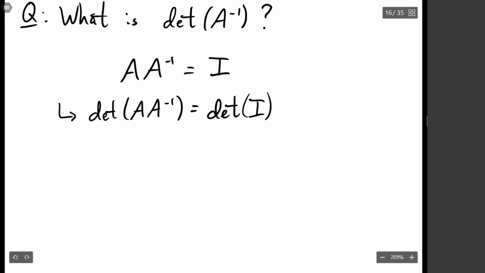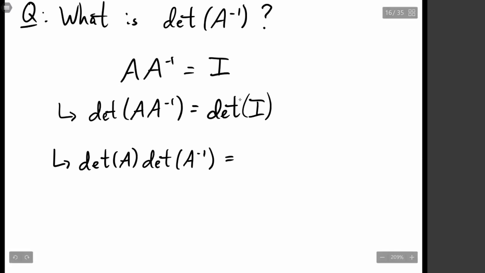Okay? But we just talked about how the determinant of a product relates to the individual ones. So, this is determinant of A, determinant of A inverse.